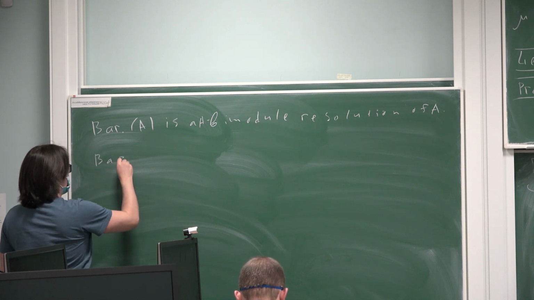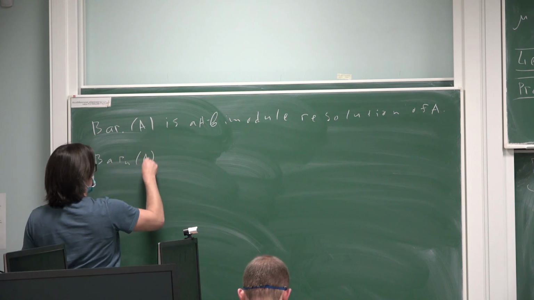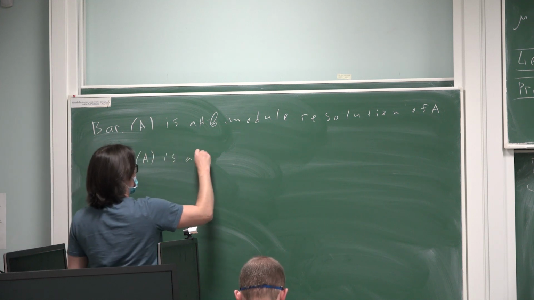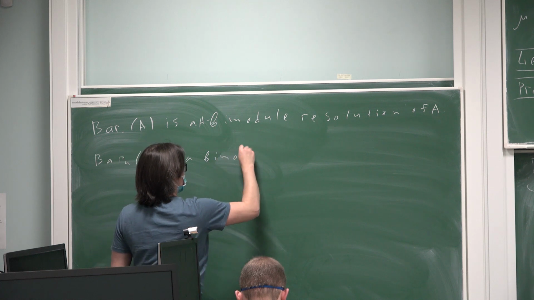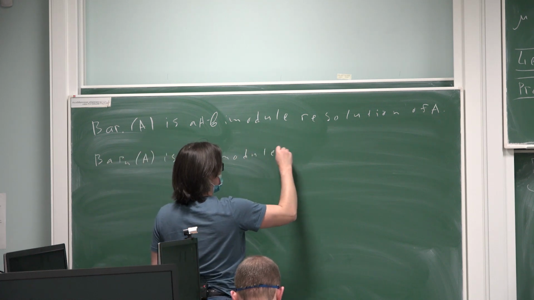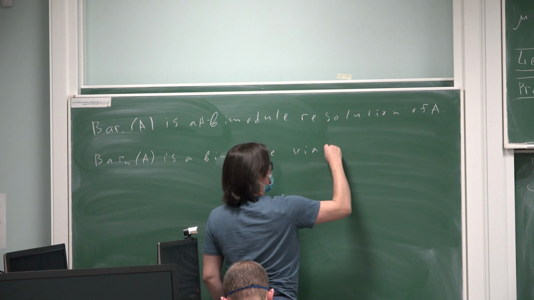And bar n of A is a bimodule via multiplication.